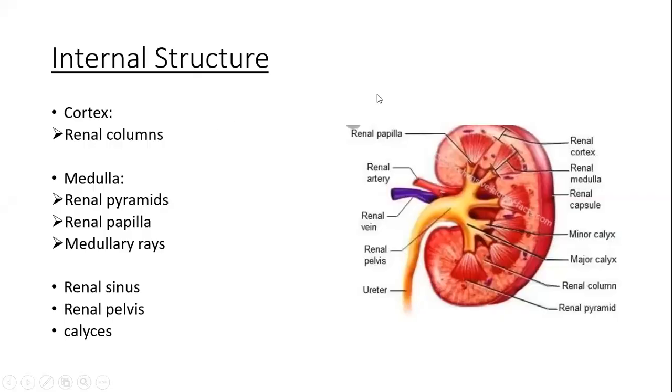If we cut the kidney sagittally, as in this diagram, you can see the internal structure of the kidney. It comprises an outer dark brown cortex and an inner light brown medulla.